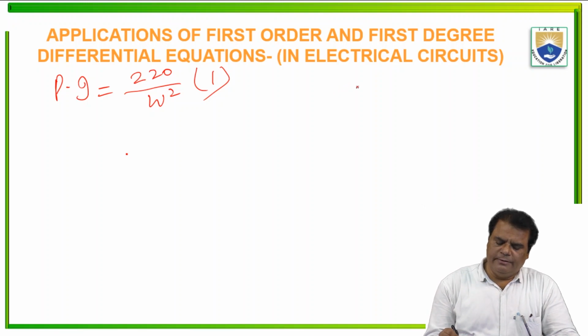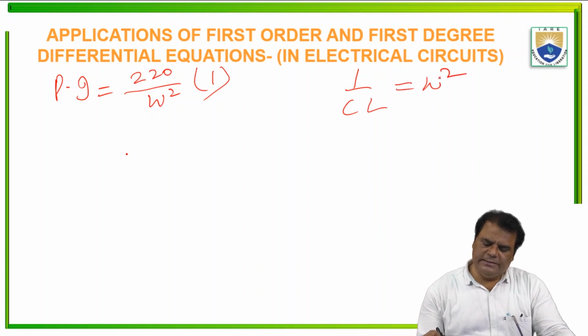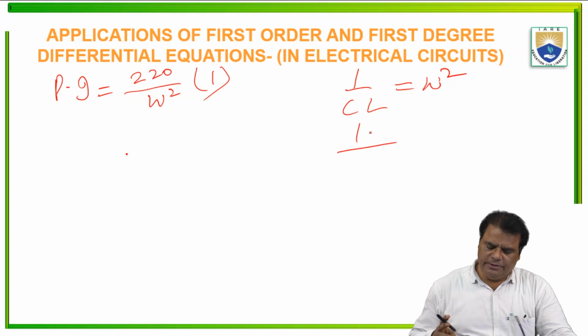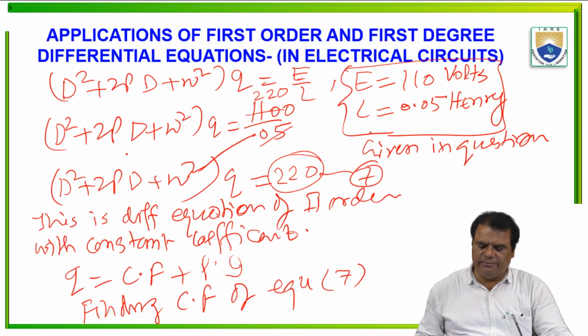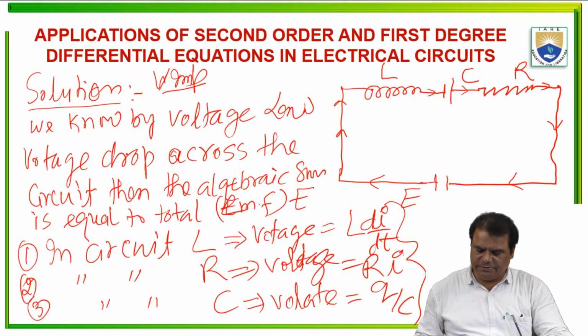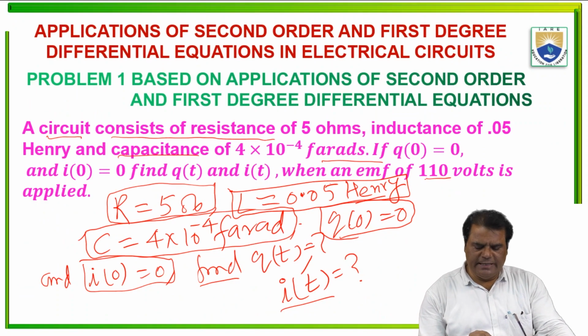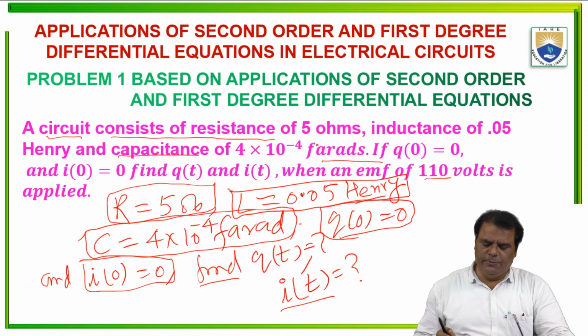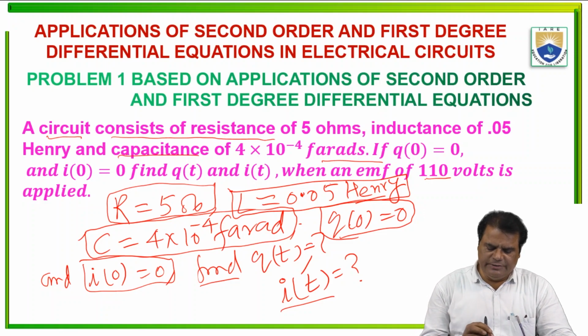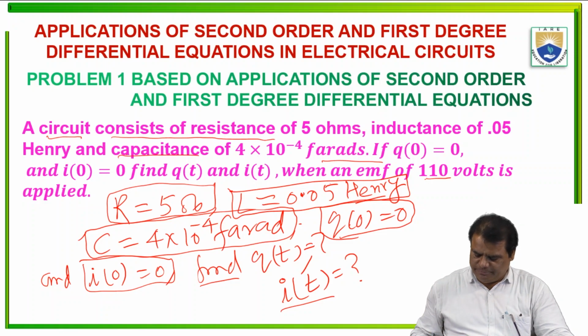So here 1 upon LC is w square. What is C? Capacitance. In our question, the value of capacitance is 4 multiply 10 to the power minus 4, and L is 0.05.